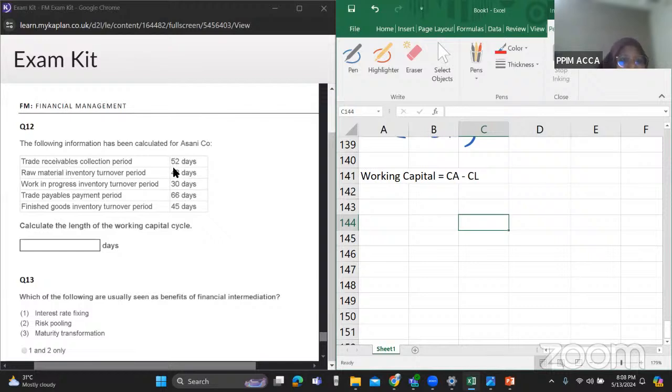So 52 plus 42 plus 30. Trade payables is a liability, so that has to be deducted, minus 66. Finished goods inventory again is an asset, so you add 45. So we are talking about 52 plus 42 plus 30 minus 66 plus 45, which is, yes, 103 days. That's the working capital cycle.